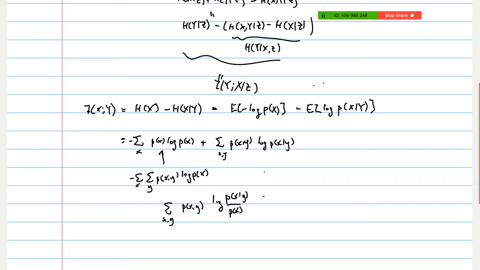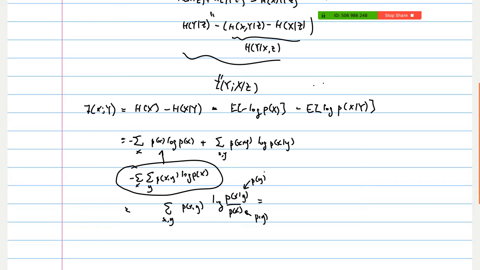And then I can multiply P(Y) on both numerator and denominator. What? Say that again, where does that come from? This one, this guy, and this guy, from here. Oh, yeah. Yes.